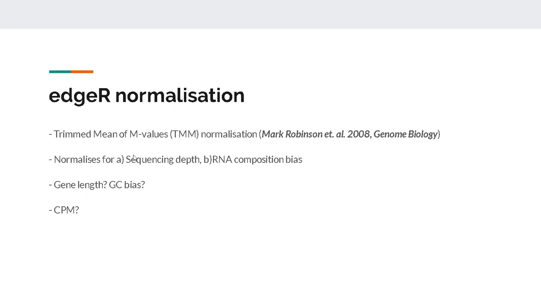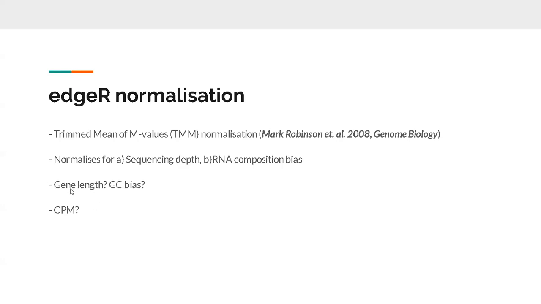So edgeR normalizes for sequencing depth and RNA composition bias. As we discussed, these are inter-sample confounding factors which you need to take care of. But it leaves out factors other than these two, like gene length and GC bias, and so on. Like Ashwin already mentioned, the length of the gene would be the same across two samples. So when you're comparing the same gene across two samples, you might not want to normalize for the gene length.